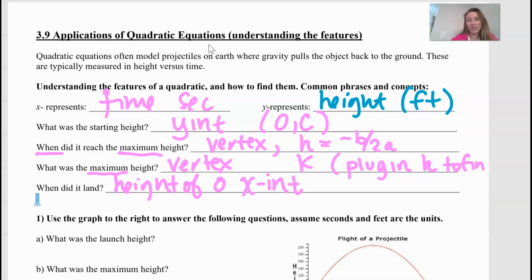And if you imagine the projectile, we're typically only going to have one that works for this, because that starting height is above the ground, and so the other, if we were to finish the pattern, the projectile would be before that and have a negative answer, and we can't use a negative amount of time in this case. And the way that we find x-intercepts, those are going to be x comma 0, is with factoring or the quadratic formula. And so that's just some really good information about how to read and understand what the question about this projectile object is really asking me.